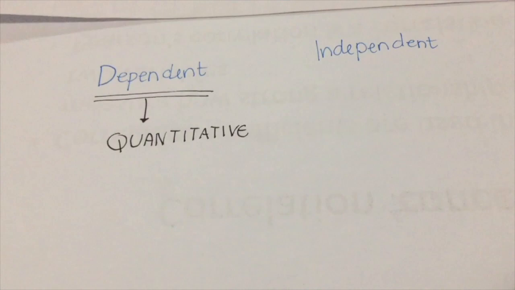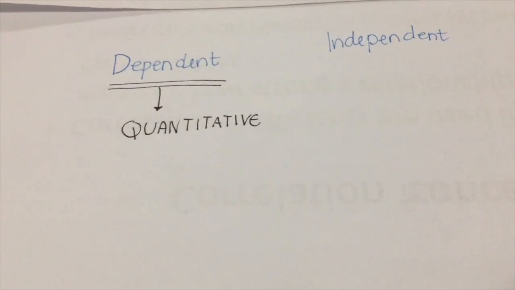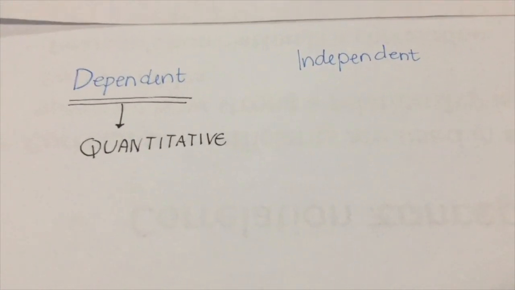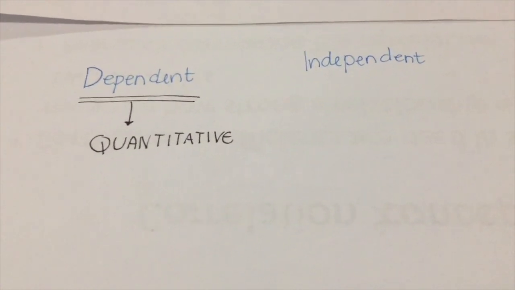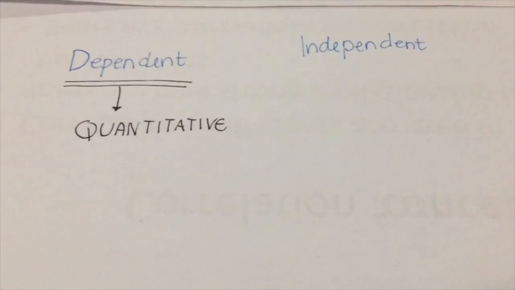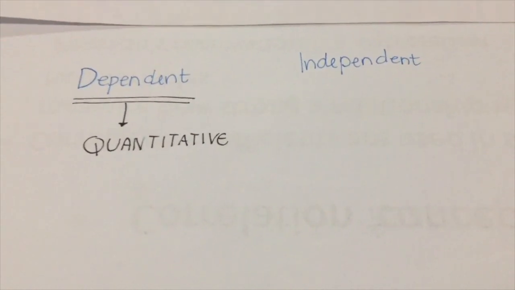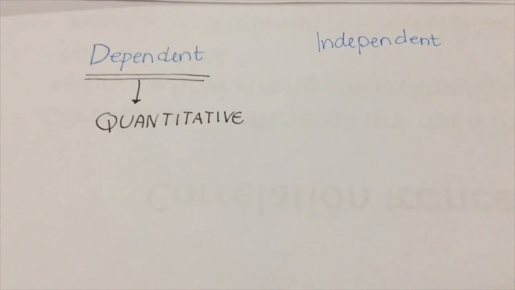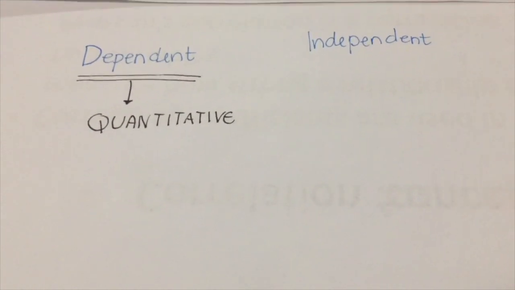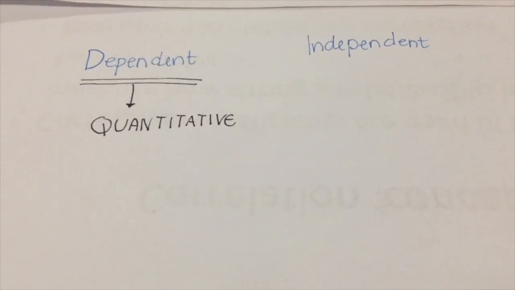In other words, if you change the amount of hours you study, you are most likely to change the score or the grades. However, if you change the grades just like that, you don't exactly change the number of hours you studied because it already happened, so it's independent. Does that make sense?